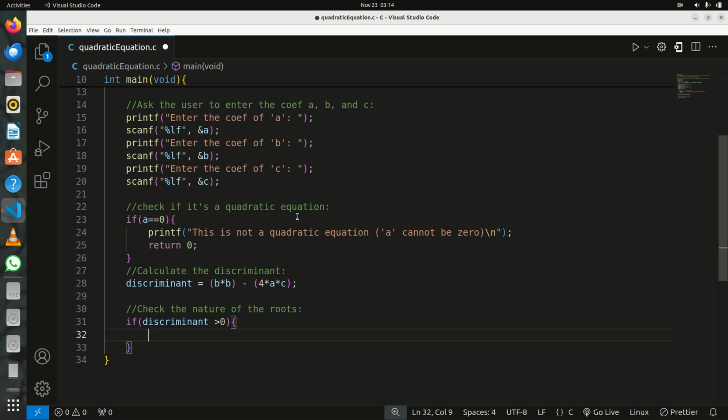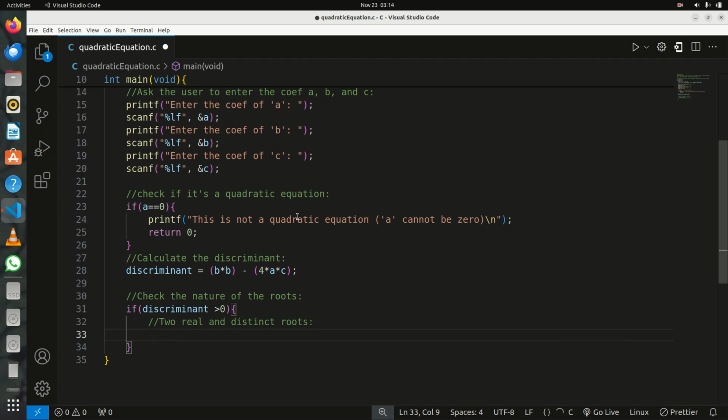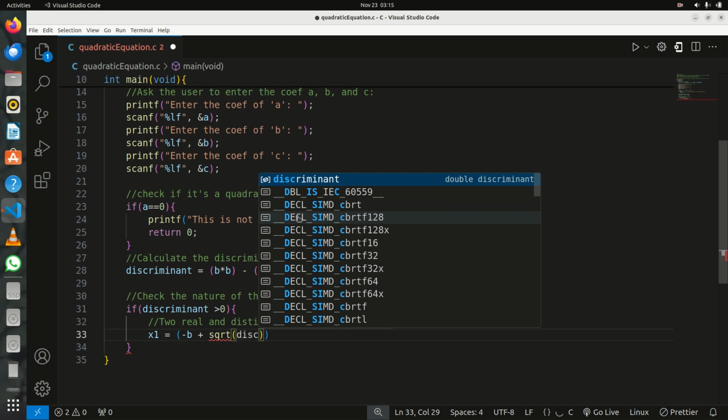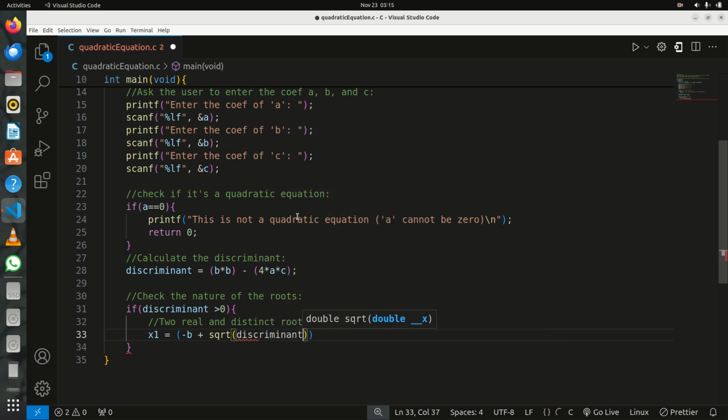So we have to calculate the roots. X1 will be equal to minus b plus the square root of the discriminant divided by 2 times a.